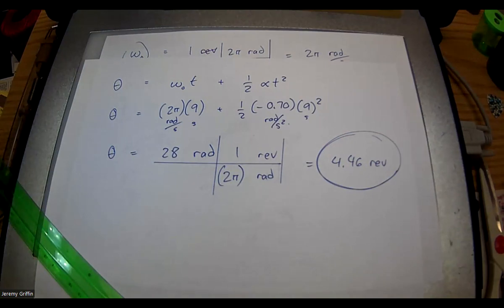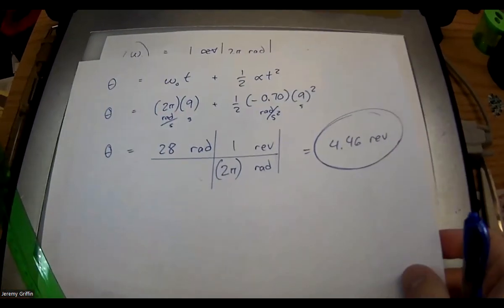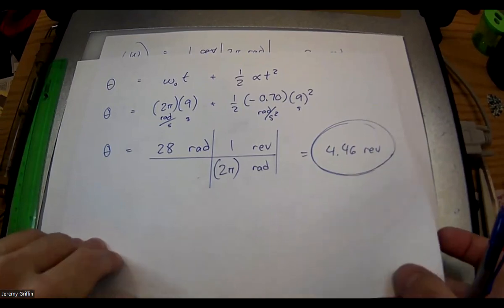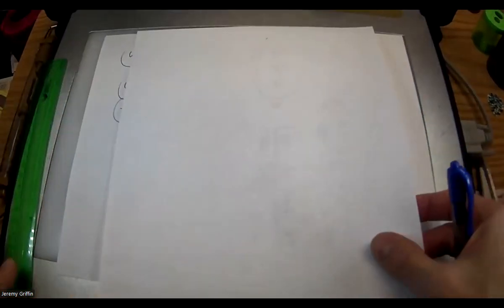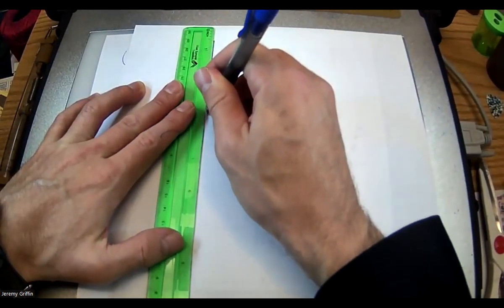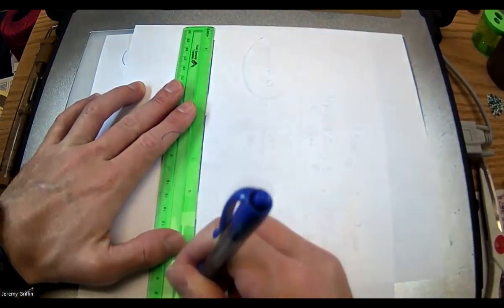Can you guys make a graph for what we just did? Actually, let's do a set of graphs. You remember kinematic motion? We traditionally make three graphs: displacement, velocity, and acceleration, all versus time. Let's do a set of graphs for that scenario.